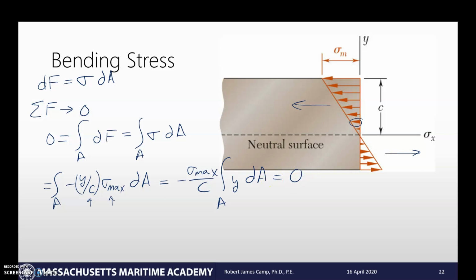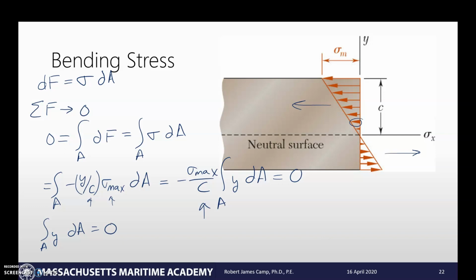Now if we look at this, a couple things to note. First, that first term of stress max over c isn't going to be 0 because that would be a trivial solution and nothing really exists. So since it cannot equal 0, that tells us that the integral of y dA needs to be 0. What does that tell us?